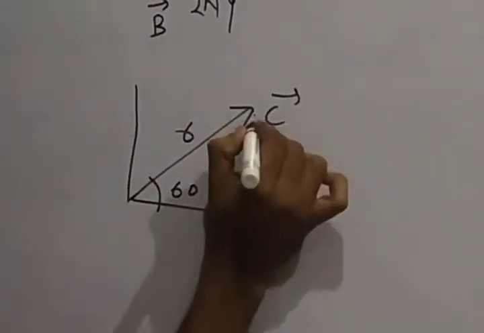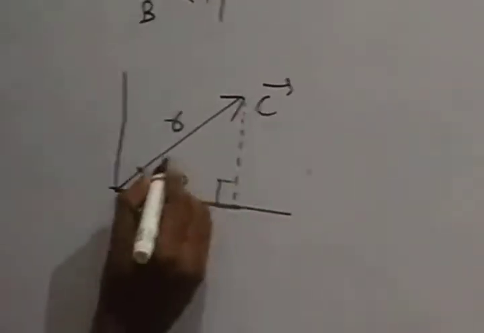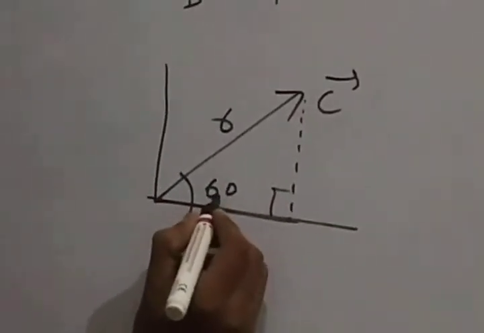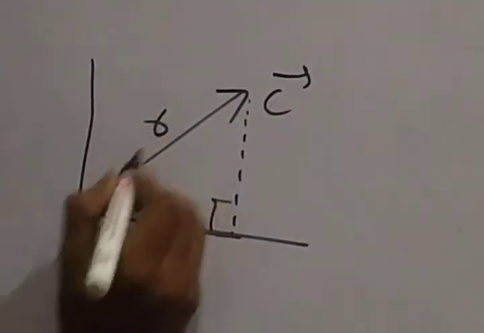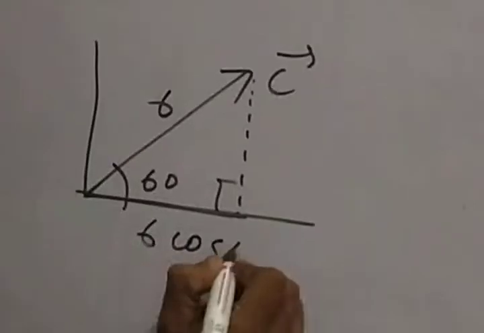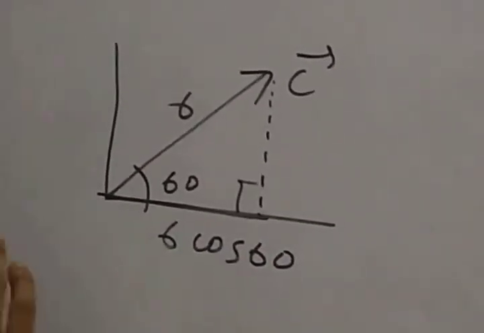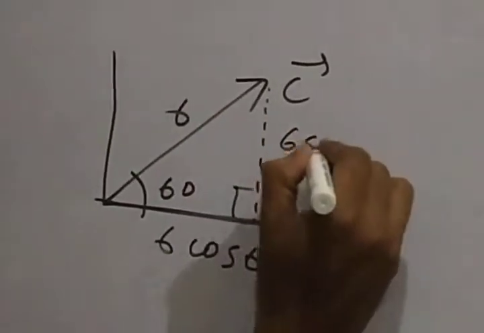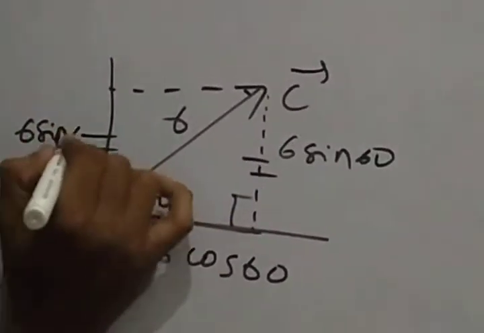If I draw a perpendicular, I can easily say that this is 90 degrees, and the side attached to the acute angle is the base. So the base will be 6 cos 60. I have discussed everything about this in my previous videos. Similarly, this side will be 6 sin 60. This is a rectangle, and opposite sides are the same, so this will also be 6 sin 60.